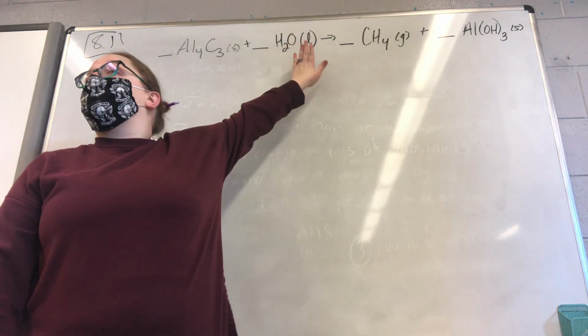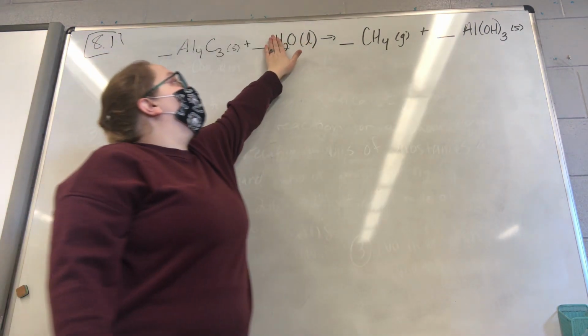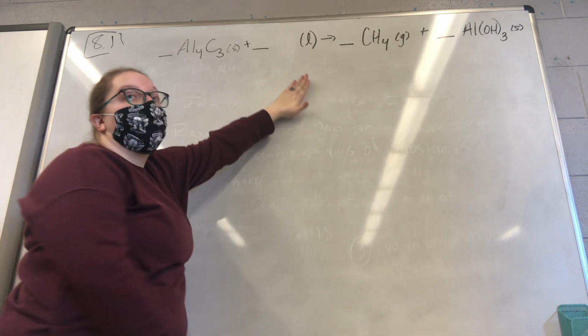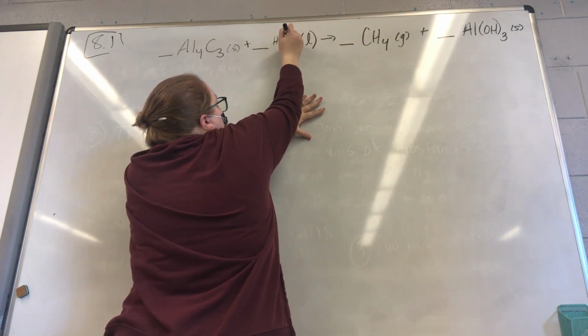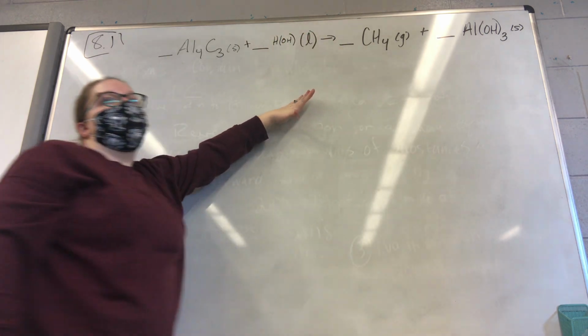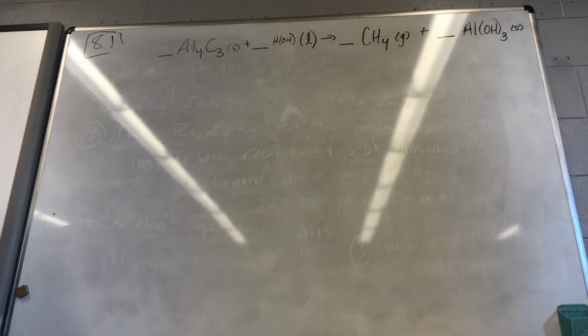In this particular case, I am going to write this. I think it will help, not hurt, because when it comes to balancing polyatomic ions, I want to keep them together if they're present on both sides.